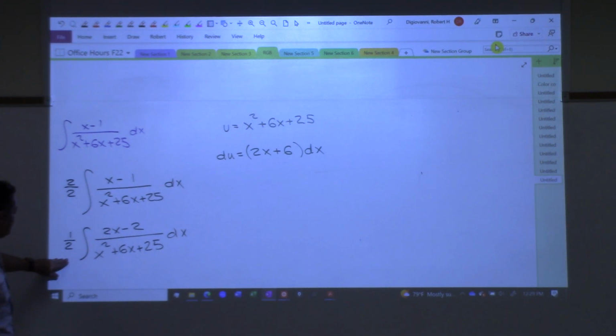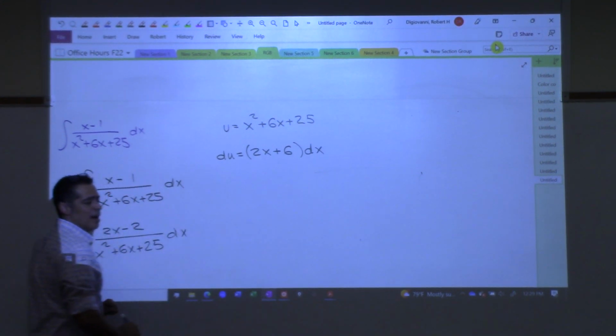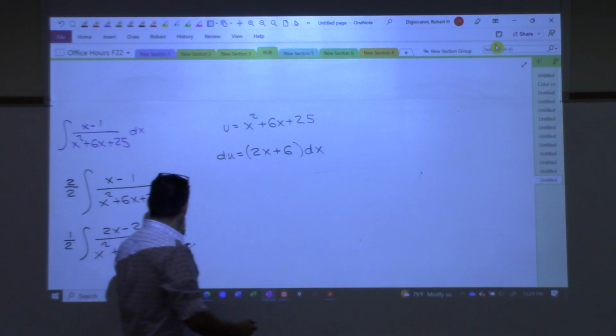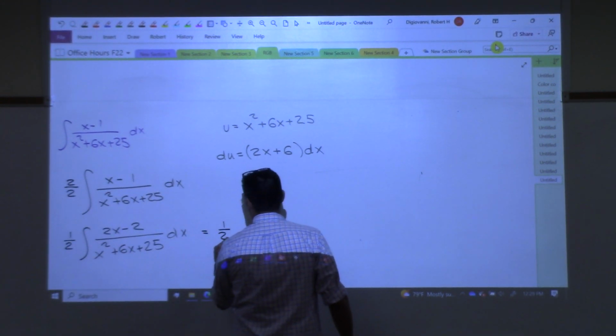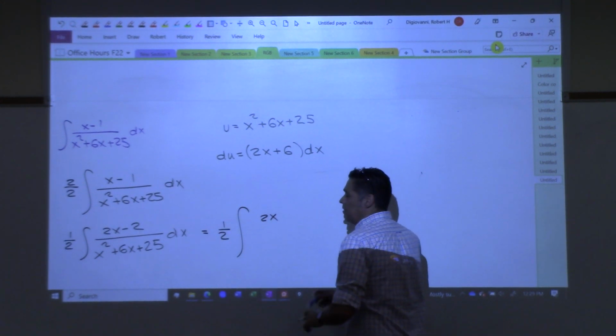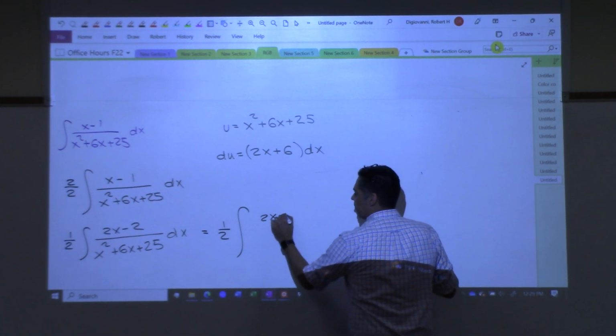All right, here we go. I'm almost there. I have 2x minus 2. I don't have 2x plus 6, right? So I'm going to add a 0, right? A hidden 0 right here, which again I think is a more advanced sort of idea. I realize there's a plus 0 here.